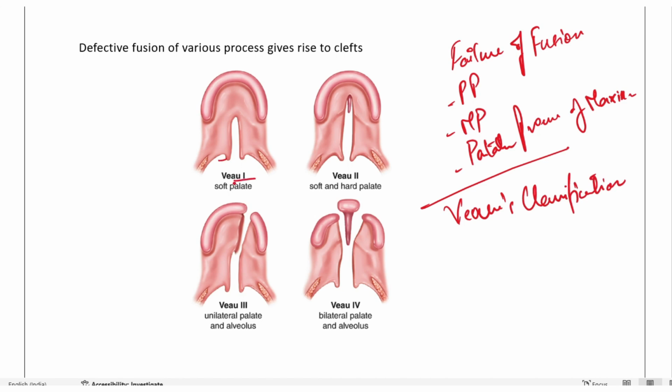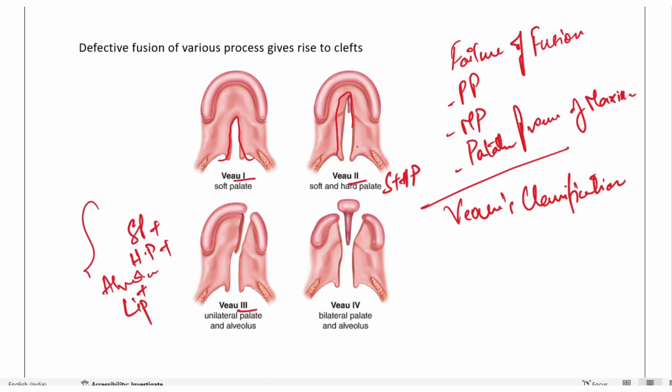Class 1 is cleft of only the soft palate. Class 2 will be soft plus hard palate. Class 3 will be soft palate plus hard palate plus alveolus plus lip.